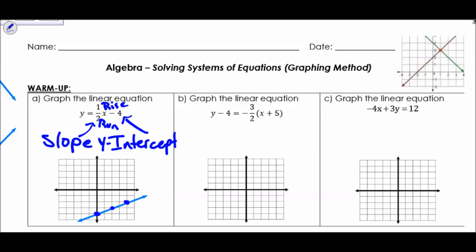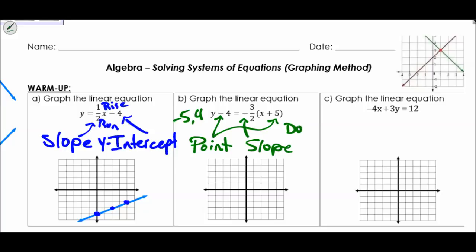The next one is point-slope. And again, it's directly in the name what I'm given. I'm given a point, which here it's really -5 and +4, and the slope, which is -3/2, which means I'm going down 3 and right 2.